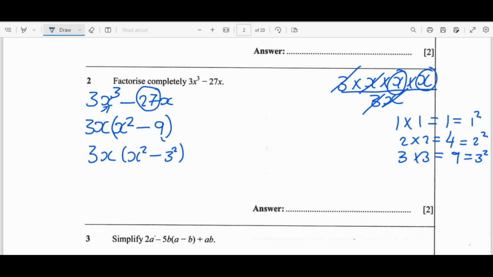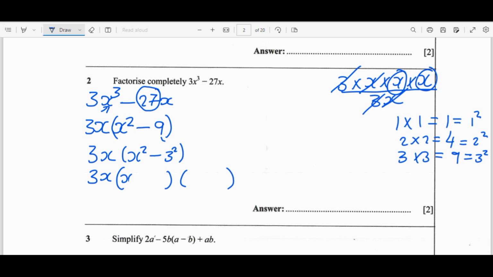Now if we have a letter raised to the power 2 minus 3 raised to the power 2, then we are going to bring in the concept of difference of two squares. So you open two brackets.